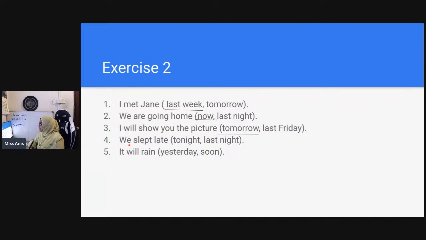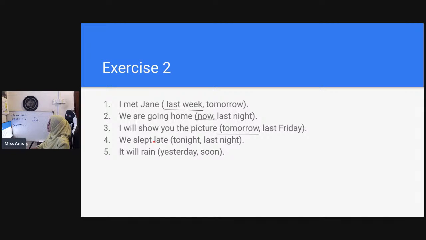Number 4, we slept late tonight or last night. So here, tengok dekat verb you. So this is your verb, slept, tidur. And then late ni lambat, tidur lambat. Now, because here, ejaan dia S-L-E-P-T instead of S-L-E-E-P. Okay? Sorry. So, yang ni root word dia S-L-E-E-P. So, here, maksudnya ini dah dibentuk dalam bentuk past.